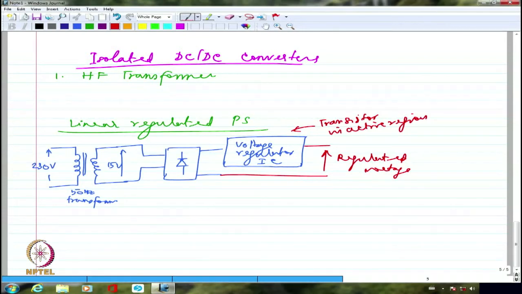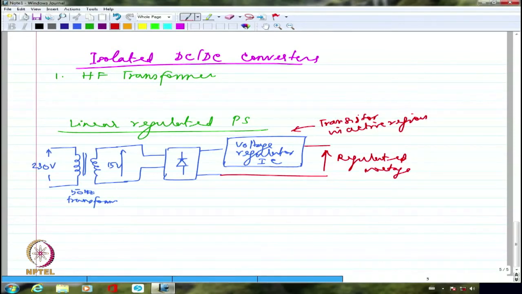Whatever is the difference will set the base drive value for the transistor. So it will be driven as per the error voltage that is available. The more the error, the more voltage I will have to drop, and the more will be the copper loss, and so on and so forth.